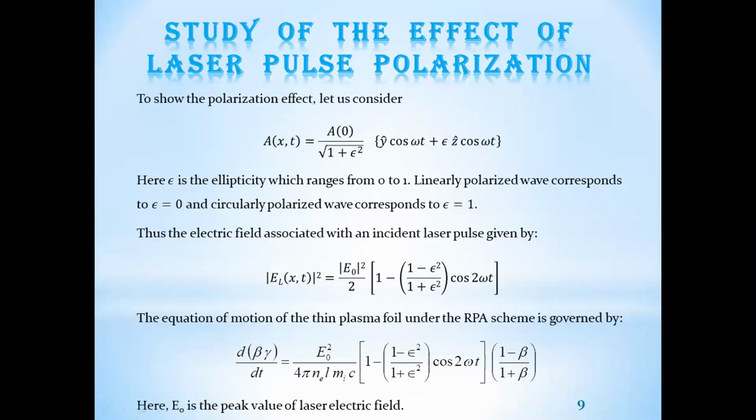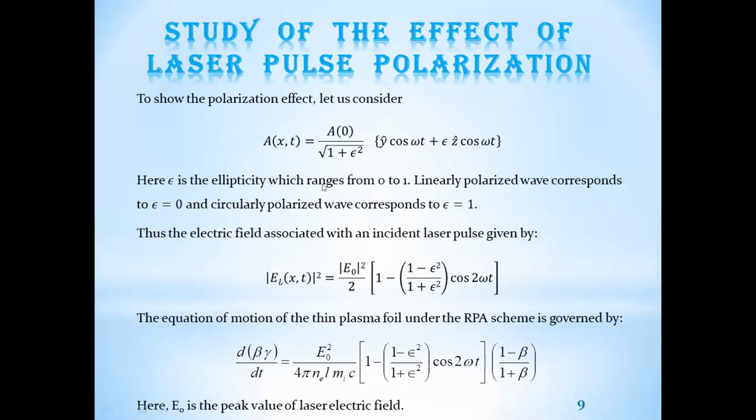On the screen you will see the vector potential of the electromagnetic wave of frequency omega, which is mathematically represented by this equation. Here epsilon is the ellipticity which ranges from 0 to 1, and as we all know, the linearly polarized wave corresponds to epsilon equals 0, and epsilon equals 1 corresponds to the circularly polarized wave.